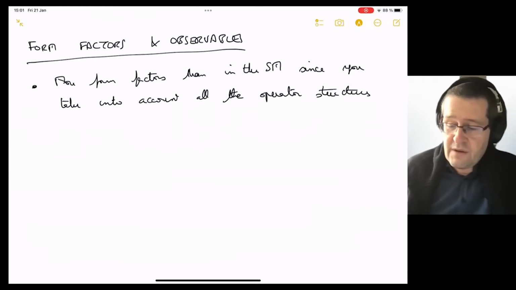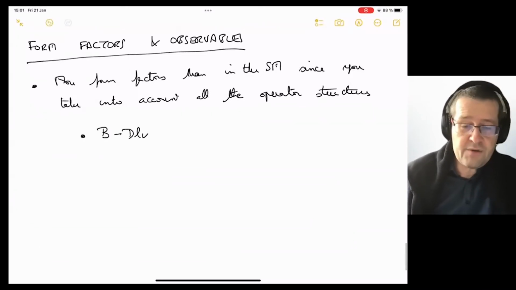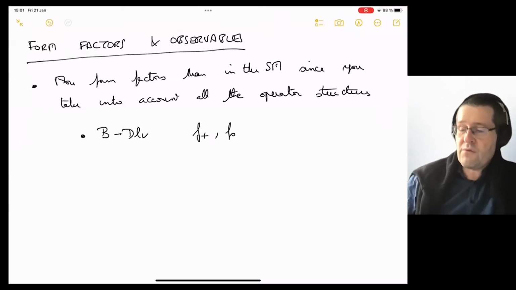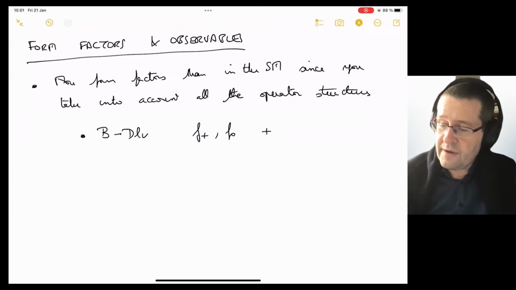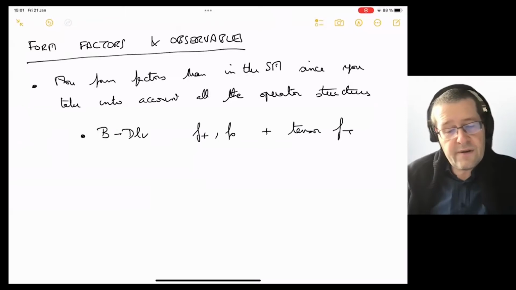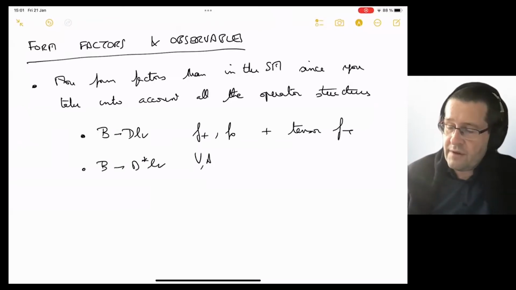So that means that when you're looking at, for instance, B2D and nu, you have our old friends F plus and F0, or F plus and F minus, but you do have also a third form factor related to the tensor matrix element. For B2D star and nu, the same situation goes.